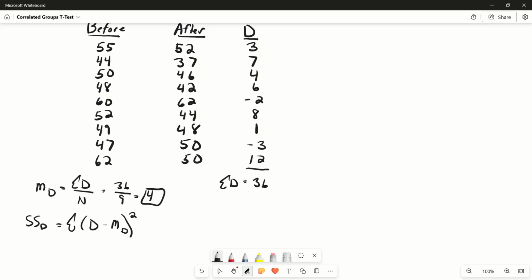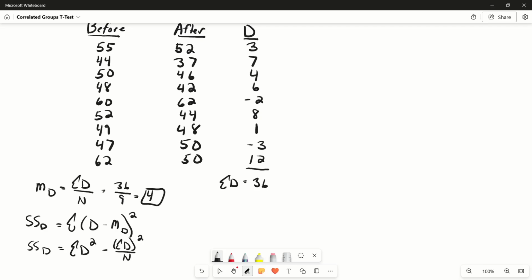So I prefer to do it the other way, not the deviation score way. I prefer the computational way, which is the sum of d squared minus the sum of d, squared, over n.